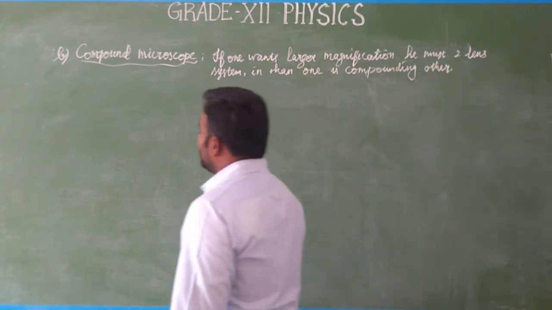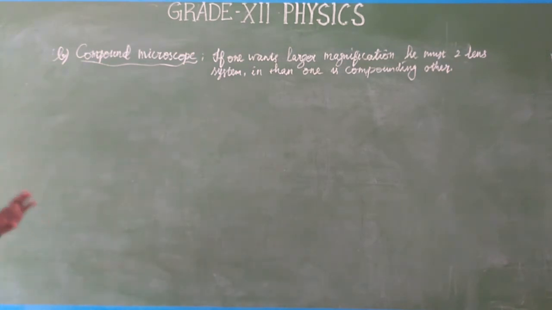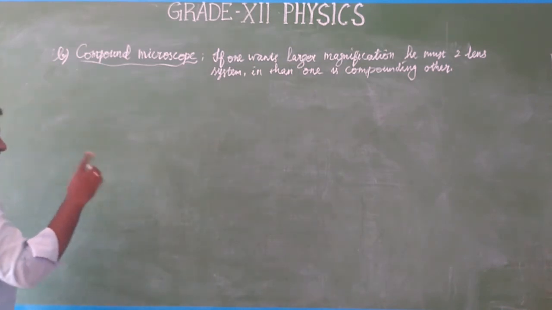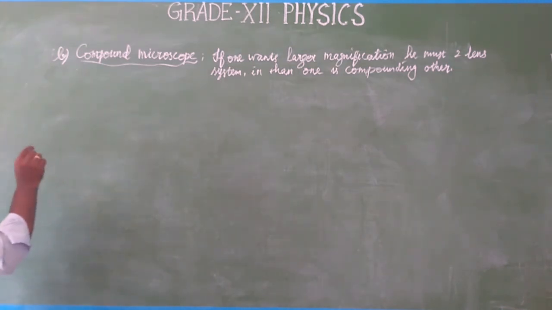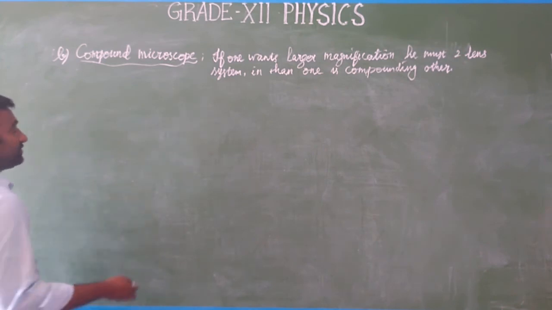Such a microscope is called a compound microscope. Now, how the image is magnified in the compound microscope we are going to see. Listen very carefully. For that we need a two lens system. In that, one has a shorter focal length and the other has a larger focal length.